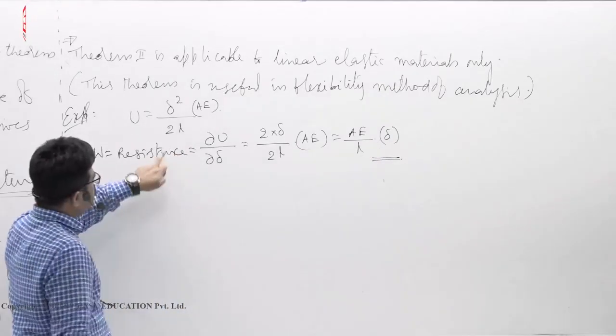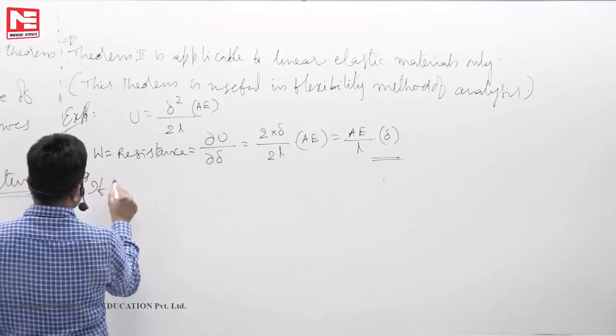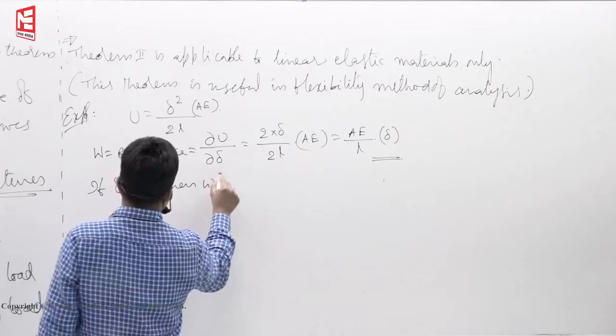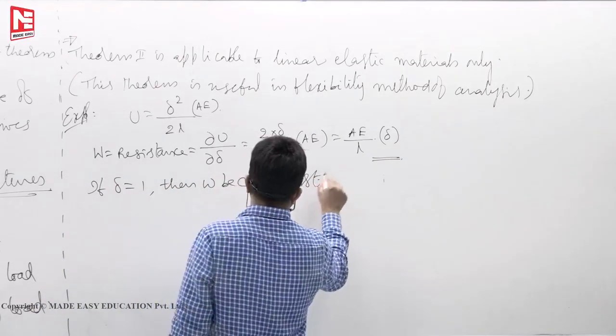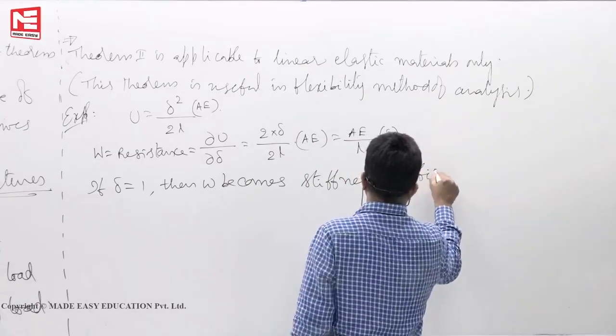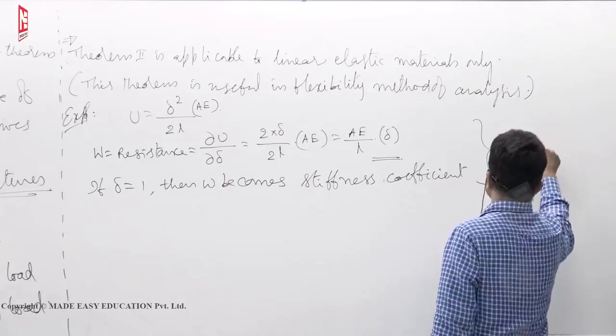If delta becomes 1, then the resistance W becomes the stiffness coefficient.